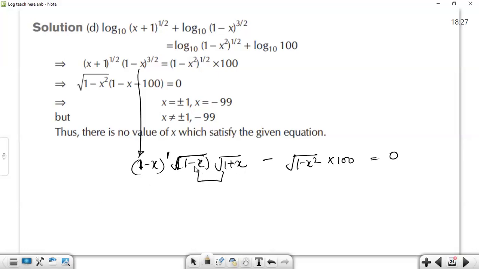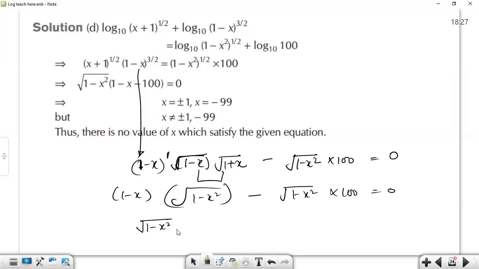Square root of a plus b into a minus b, that is 1 minus x square, into 1 minus x, minus square root of 1 minus x square into 100. Now we are able to better visualize. Taking square root of 1 minus x square common, 1 minus x minus 100 is equals to 0. Now it has become the same.